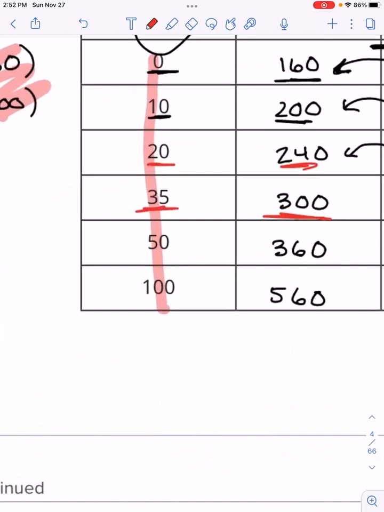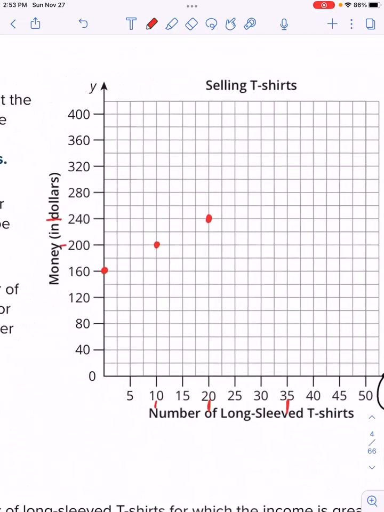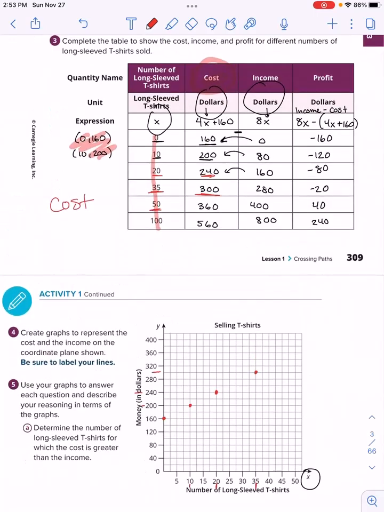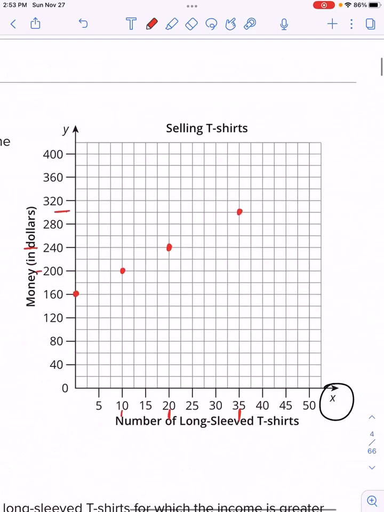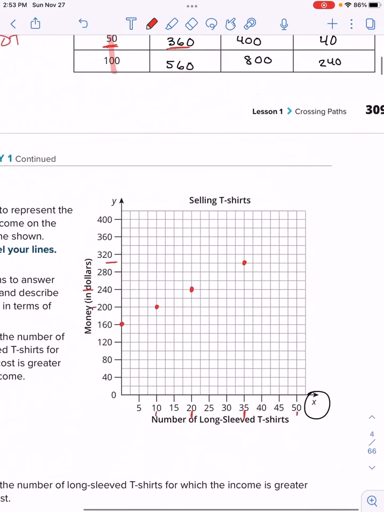Okay, 35, 300. 300 somewhere right here. Let's go right here. And then the last one that we can fit on the graph, we can't do the 100, but we'll do 50 all the way up to 360. So 50, which is almost the edge of the graph here, and 360 right here.